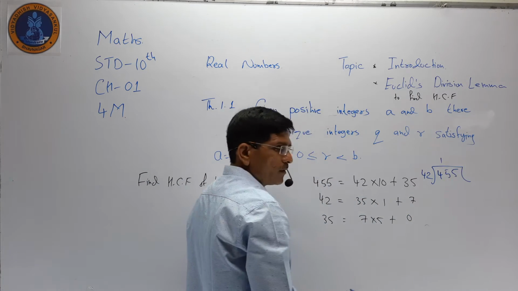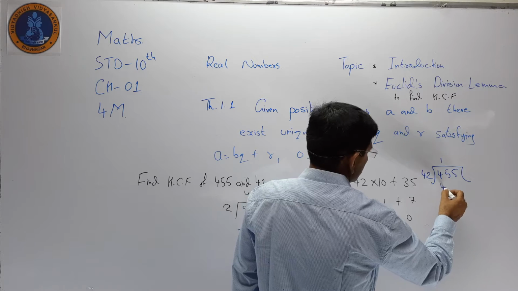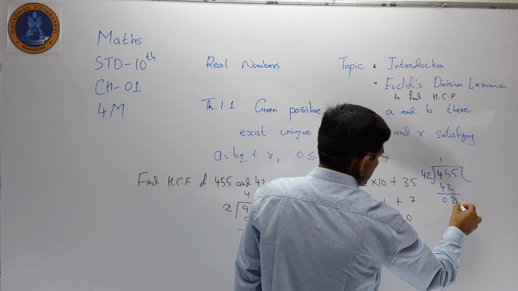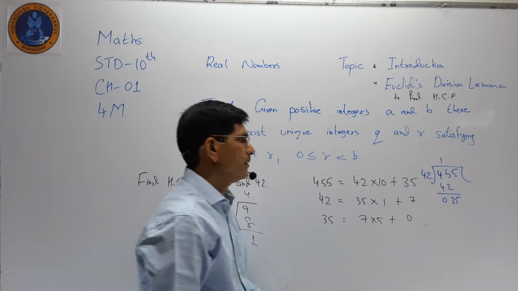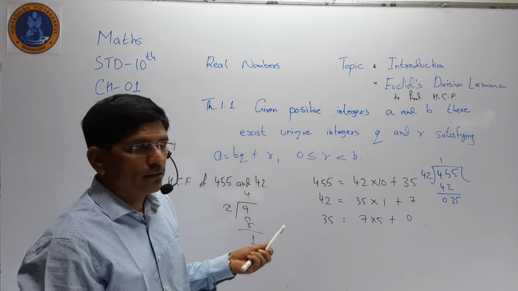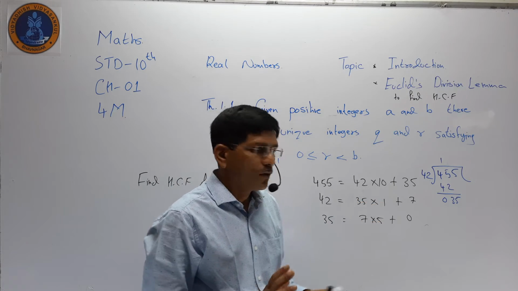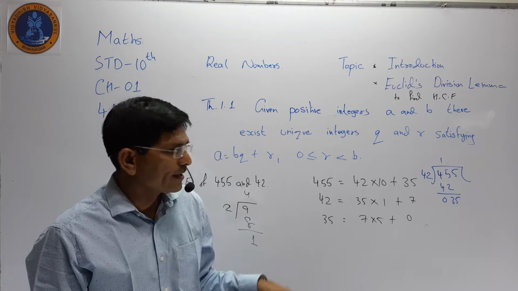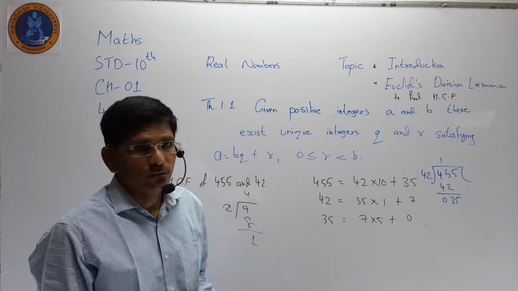42 ones are 42. Here 0, 3, 5. So now 35 is there. Again 42 ones are 42, and 3, 5 remain. Now what do I have to do?